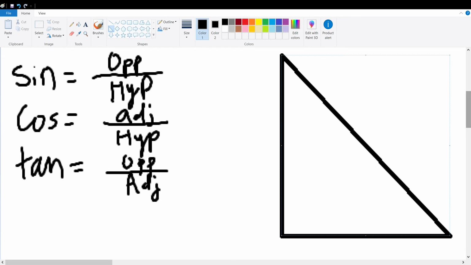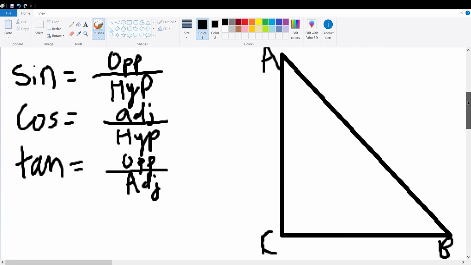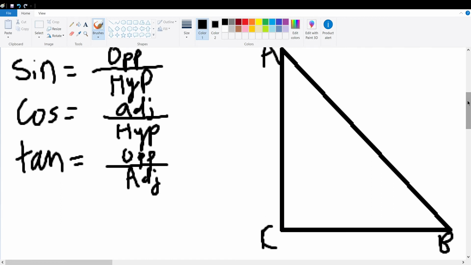Let us label our angles, scroll down a little bit, and mark their sides correspondingly.